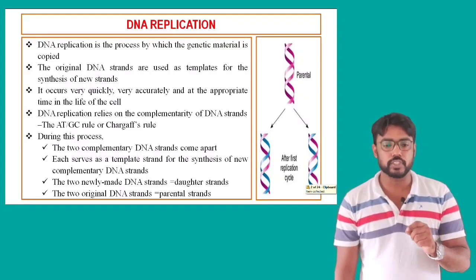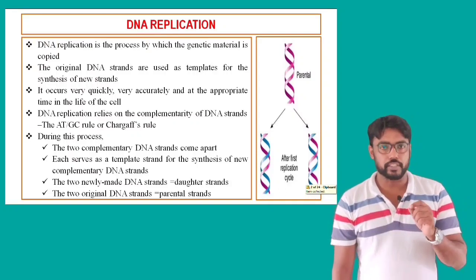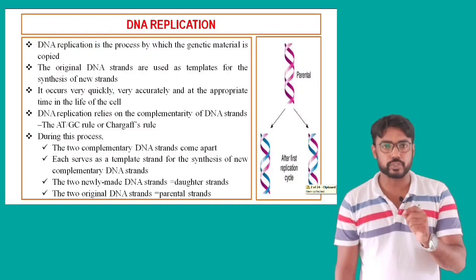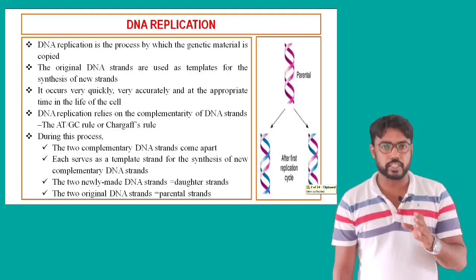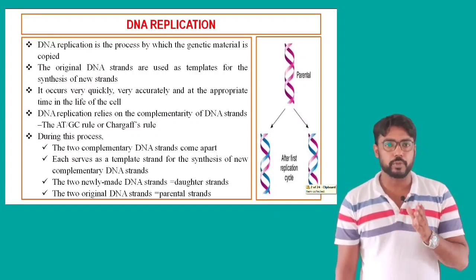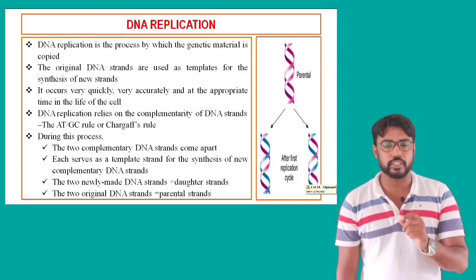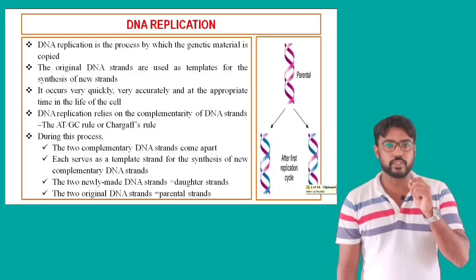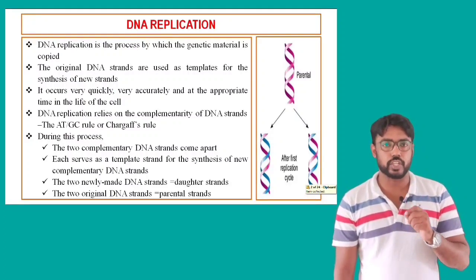During this process, the two complementary DNA strands come apart, and each parent strand serves as a template for synthesizing new strands. The newly synthesized strand is known as the daughter strand, and the other strand is known as the parent strand.